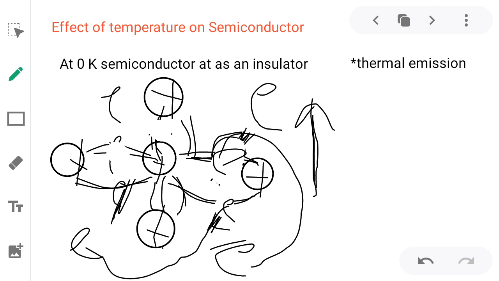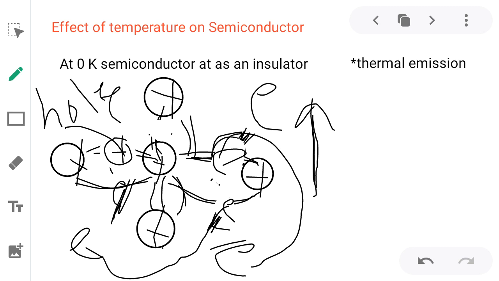Now, if there is no filling up by any electron, this empty space remains the same. It indicates this empty space is positively charged, and they named it a hole.